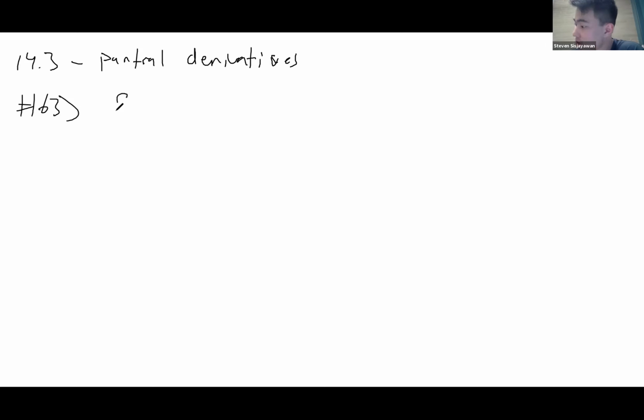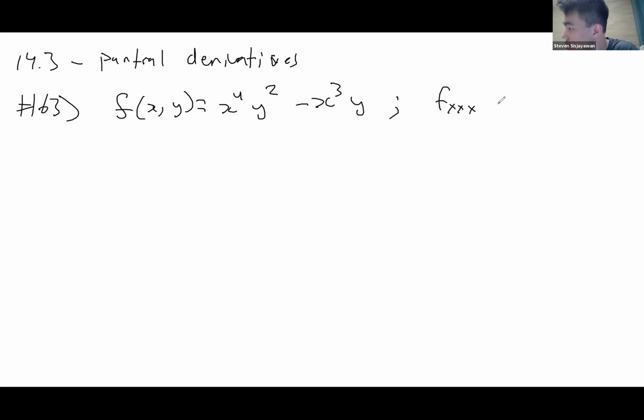Let's say we're given the function f(x, y) is equal to x to the power 4, y squared minus x cubed, and y. And it tells us to find what f_xxx is and find what f_xy is.